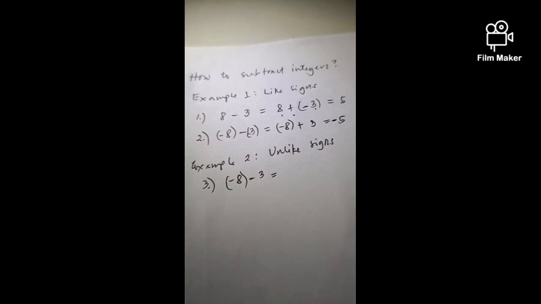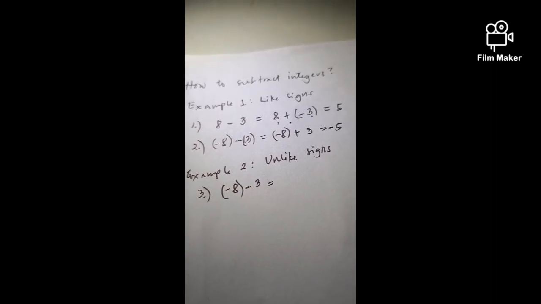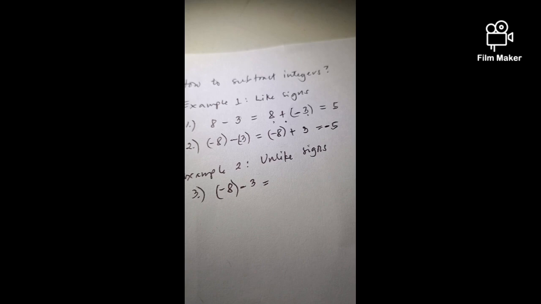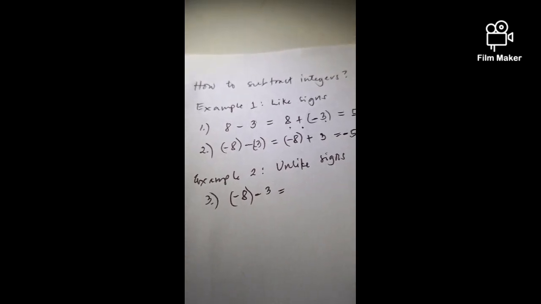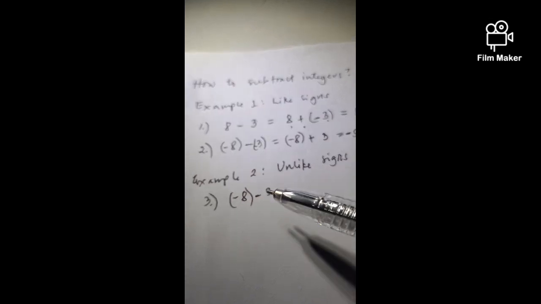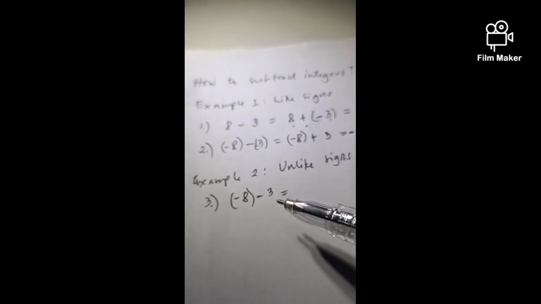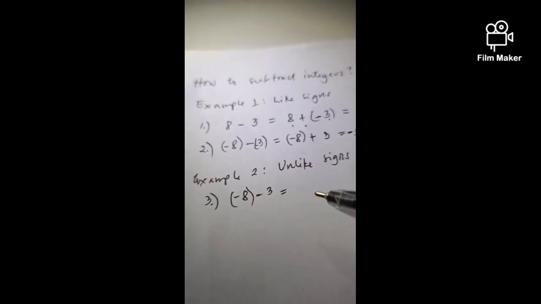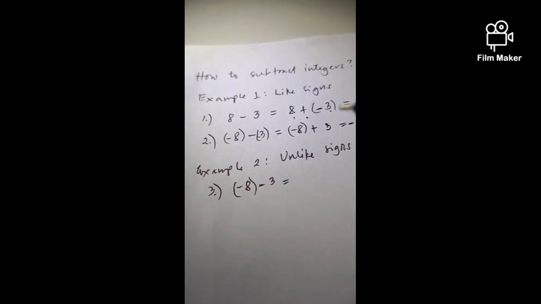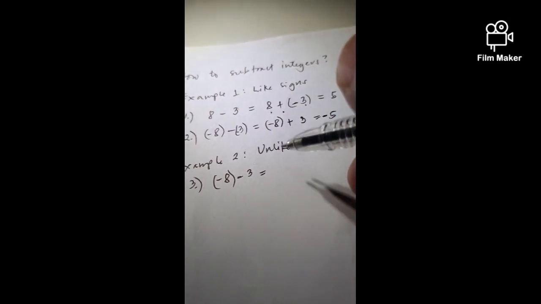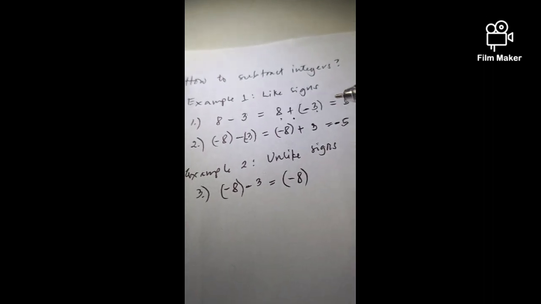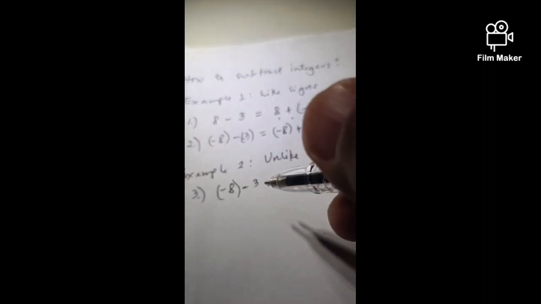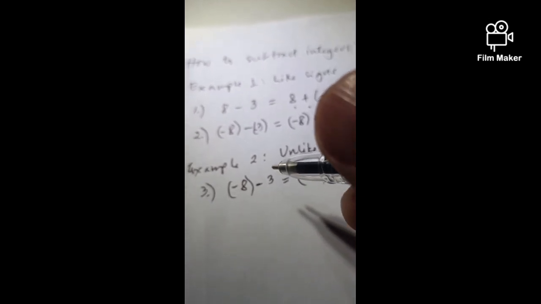So we proceed now to example 2, unlike sign integers. We have number 3 given, negative 8 minus positive 3. So applying the rule, ang gagawin natin, copy the minuend, then copy the subtrahend, but we have to change the sign.